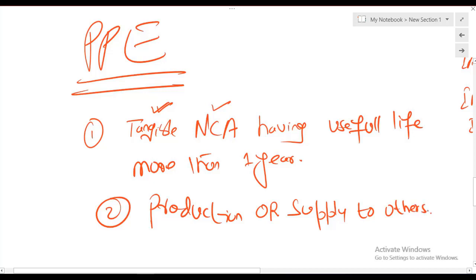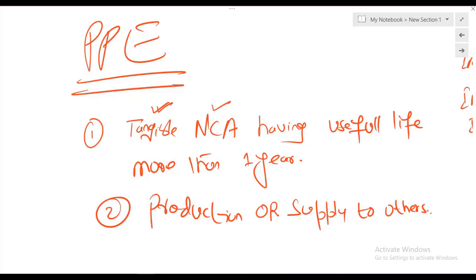Question: what do you mean by supply to others? Dear students, you might have seen lorries. What do lorries do? For example, my organization is producing product X. The lorries will pick up all the stock of product X from my business premises and deliver those units of product X to the customer premises.